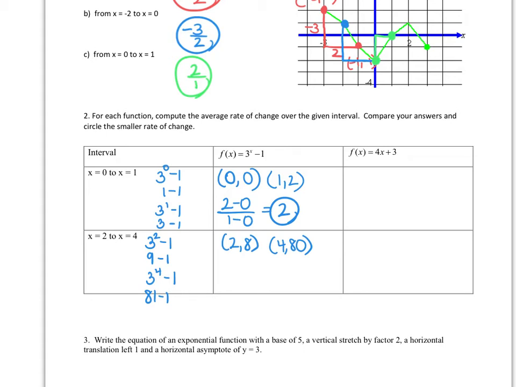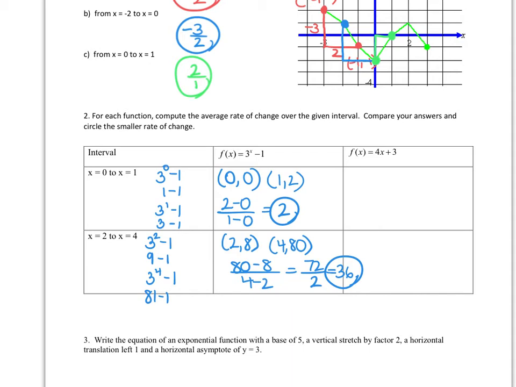So when I do slope here, I get 80 minus 8 over 4 minus 2, 72 over 2, which gives me an average rate of change over the interval from 2 to 4 of 36. So you can see that 3 to the x minus 1 in the beginning is definitely growing at a slower rate of change versus later on.